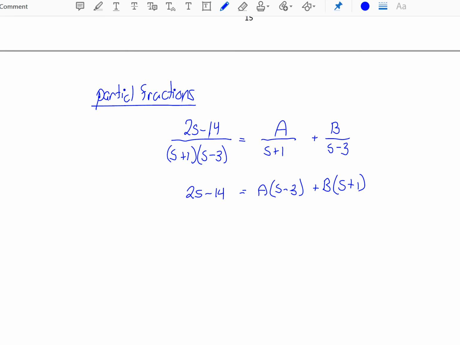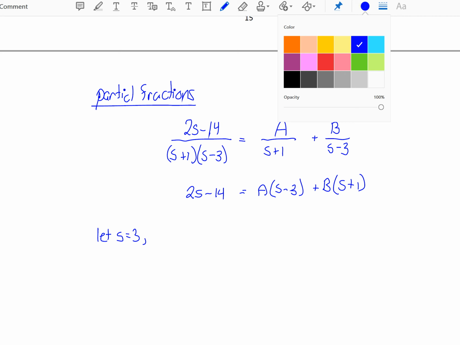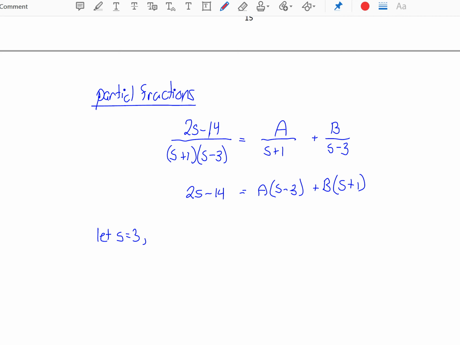Now let's make some choices for s that will simplify our equation. If we let s equal 3, we are eliminating this first term.